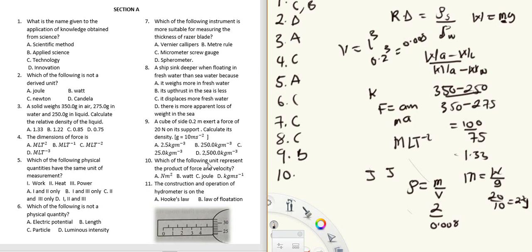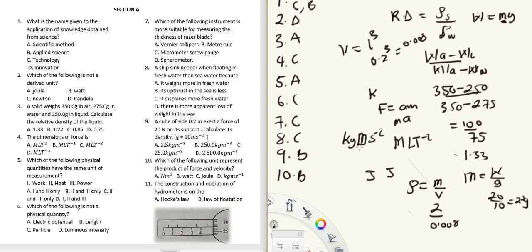Which of the following units represents the product of force and velocity? The answer is B. Why are we saying B? Because you already know that the unit of force is kilogram, that is mass, times acceleration, which is meter per second square.